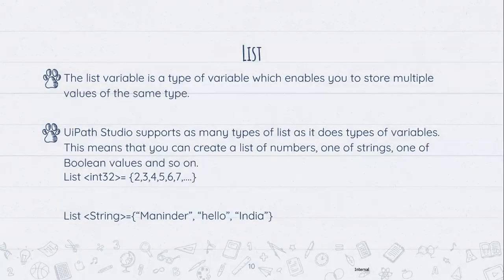Now you have list. A list variable is a type of variable which enables you to store multiple values of the same type. Always remember, you can't store different types of values in a single list. The list values will be according to the defined type. Over here, you can see List of Int32.